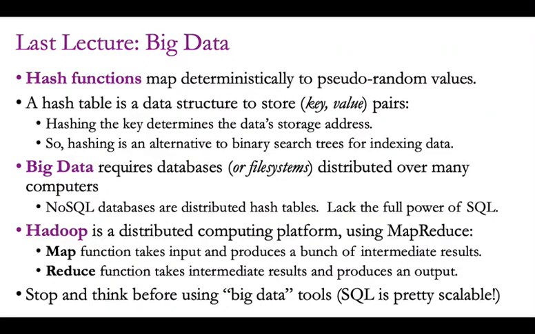So we'll move on. Last time we talked about big data again. NoSQL databases are these multi-computer databases, and we talked about hash functions because that's the fundamental building block behind distributed databases.